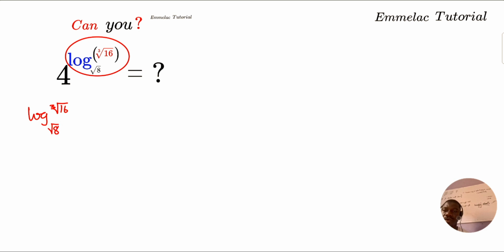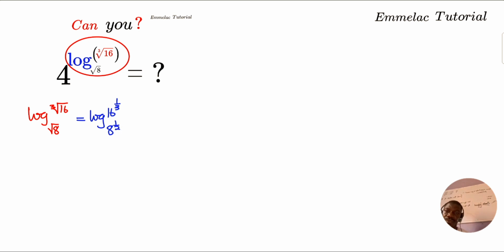Now let us recall that we can change this to an exponent, which we can rewrite as log 16 raised to 1 over 3, and we can also apply the same to the base, which becomes 8 raised to 1 over 2.